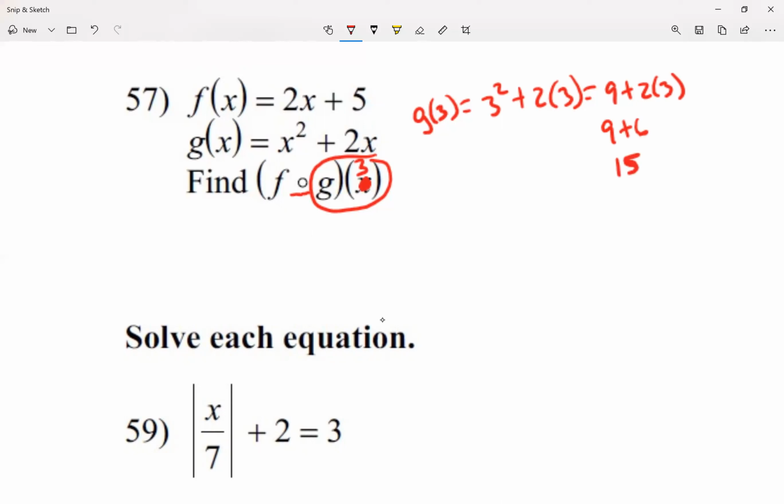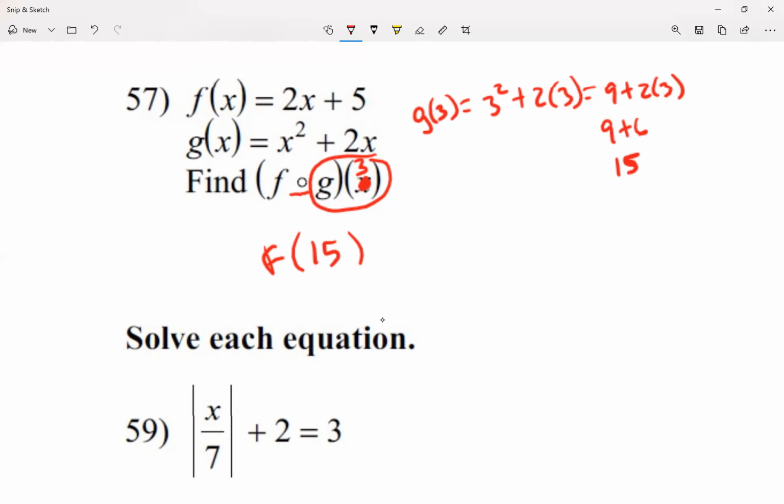So g of 3 is 15. Now I'm going to finish this as f, because that's the question on the outside, f of 15. And my 15, I got that from g of 3. So f of 15.